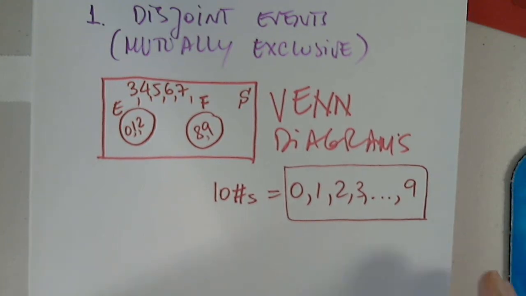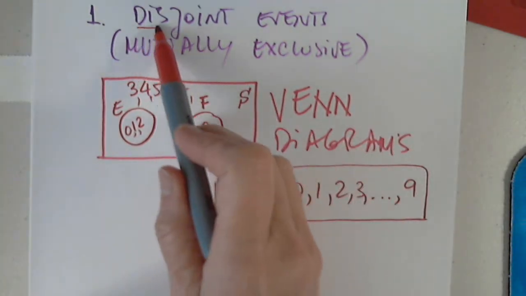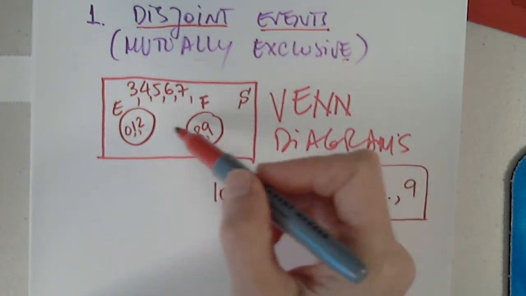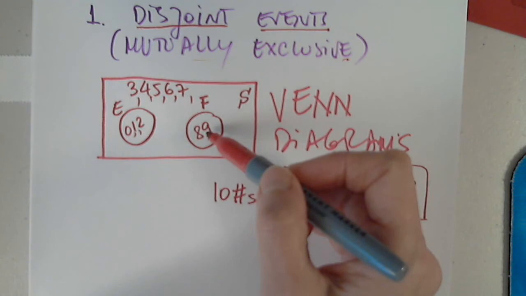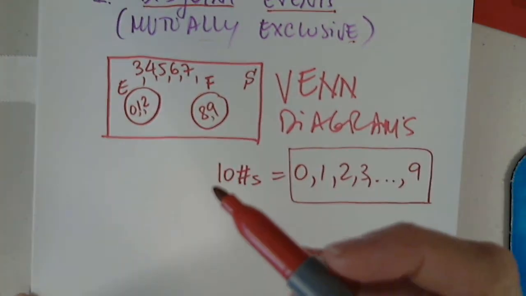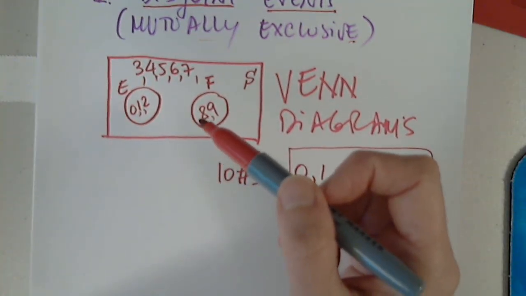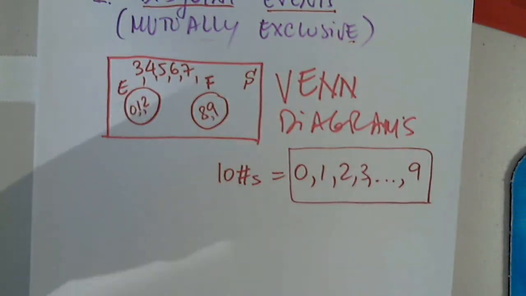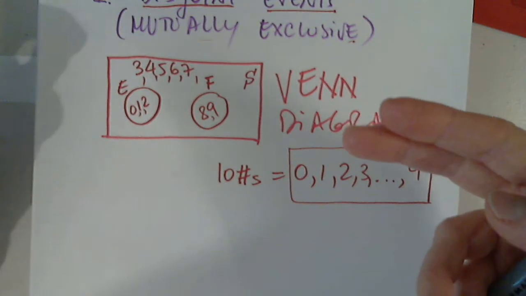So, talking about disjoint or mutually exclusive events, we realize that these do not have anything in common. So they have no common elements. So these two events do not have common outcomes.